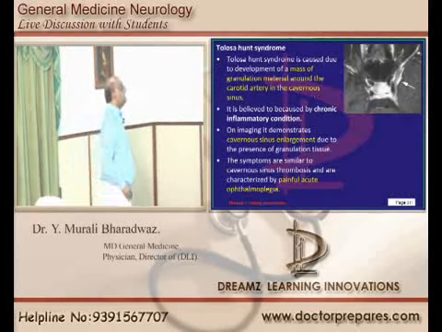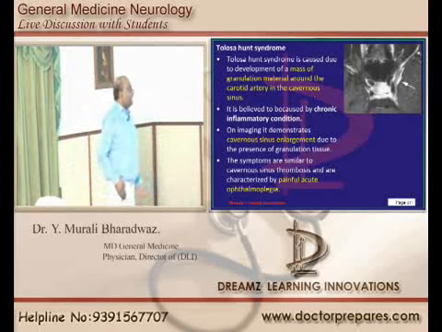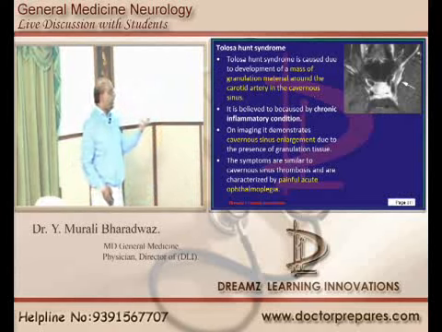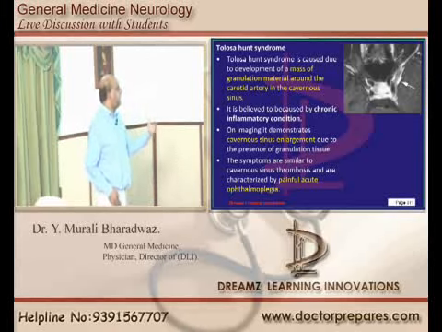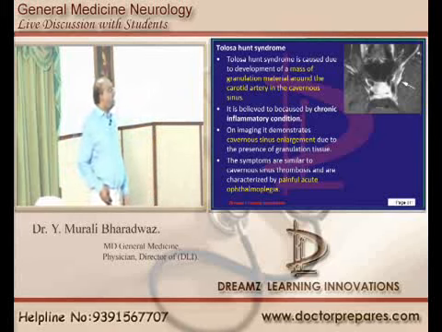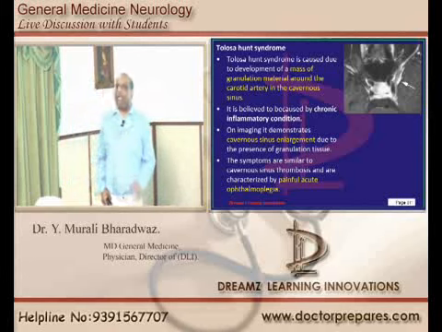Can it be Tolosa-Hunt syndrome? What is Tolosa-Hunt? There is a granuloma around the cavernous sinus and carotid artery due to chronic inflammation, and here the cavernous sinus, as you can see, becomes enlarged, and this presents with a painful acute ophthalmoplegia. Hence the diagnosis classically is Tolosa-Hunt syndrome.